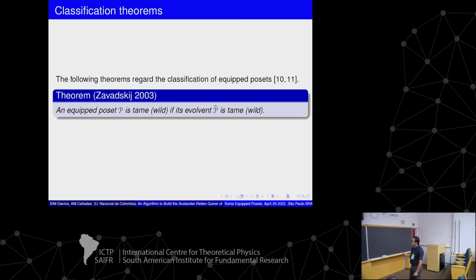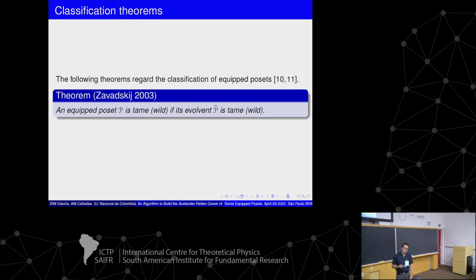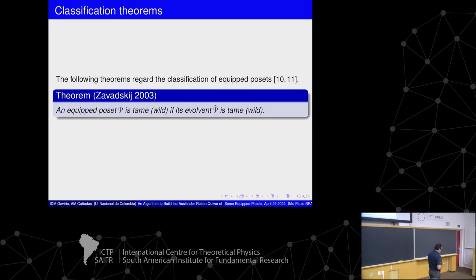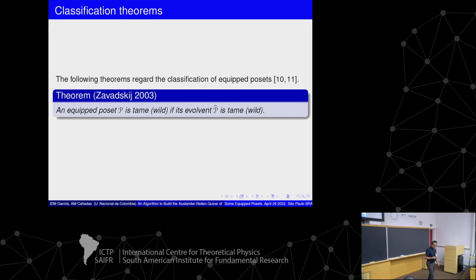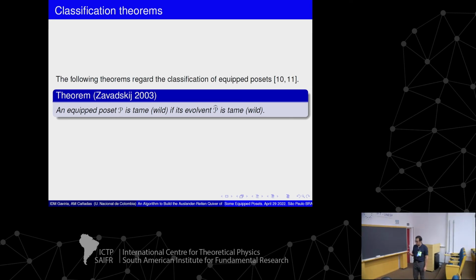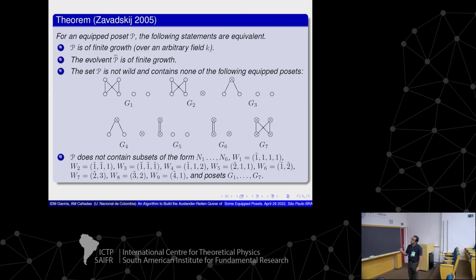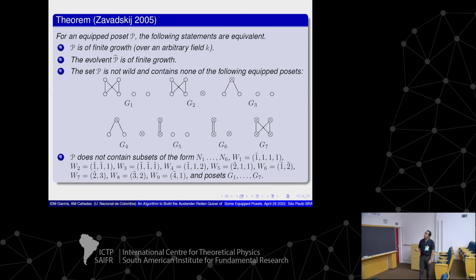This is one result given by Sabatsky, which gave the representation of the equiposet by means of the representation of its evolvement here. Right? This is tame if the evolvement is tame, or this is wild if the evolvement is wild. Also, this is an equivalent condition for this poset.